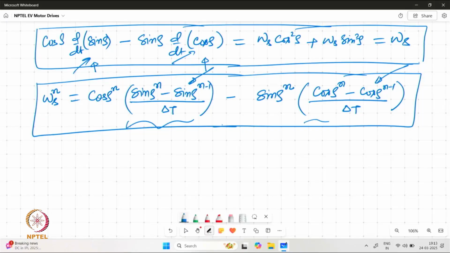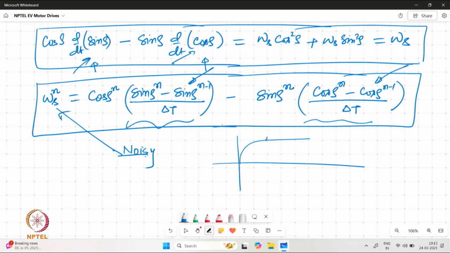Now, because there is a derivative involved with this process, we have the difference equation available over here. So many a times this process could be very noisy. So we may have omega s generated that consists of a lot of high frequency noise.